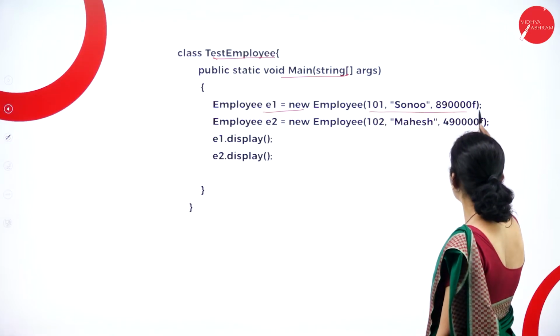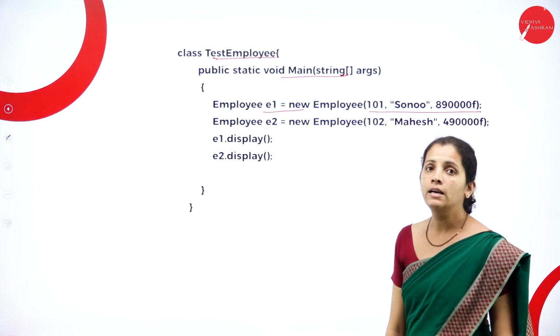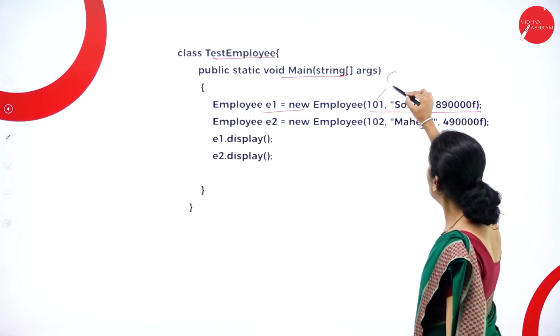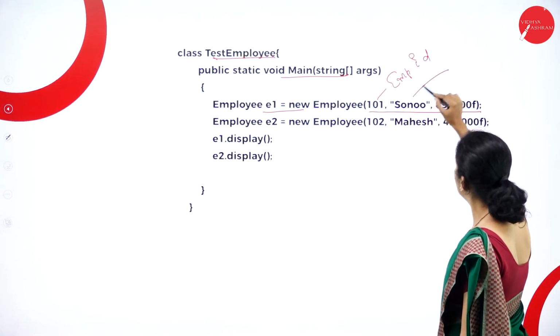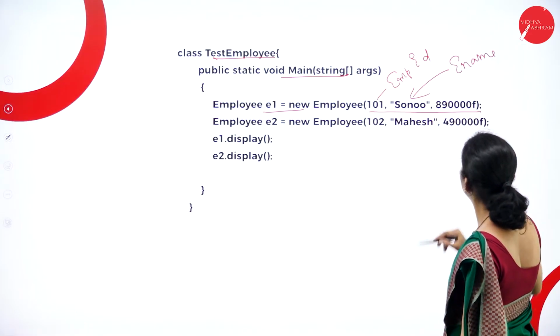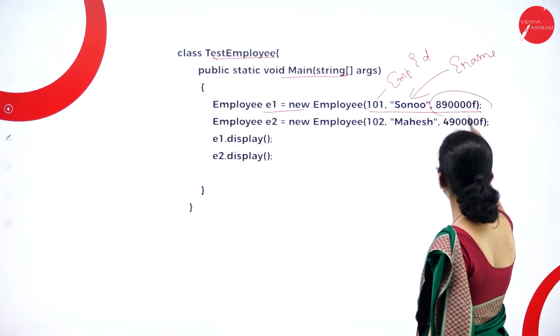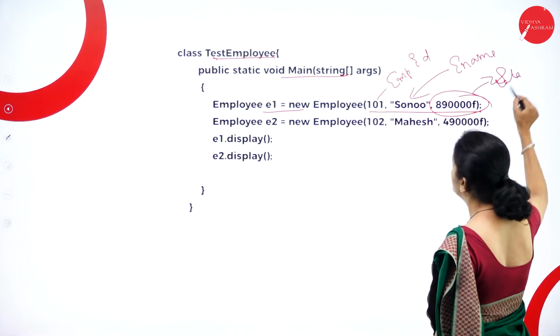And what are the parameters I'm going to pass? That is 101 is nothing but the employee ID. And Sono is nothing but the employee name. Then this floating point value is nothing but the salary.